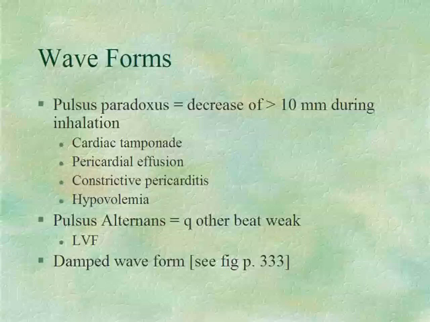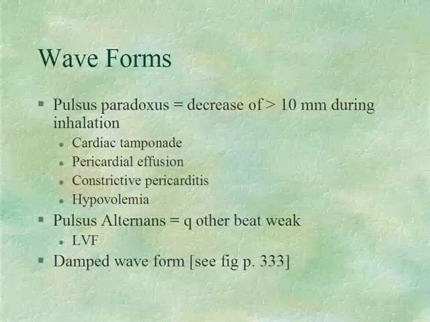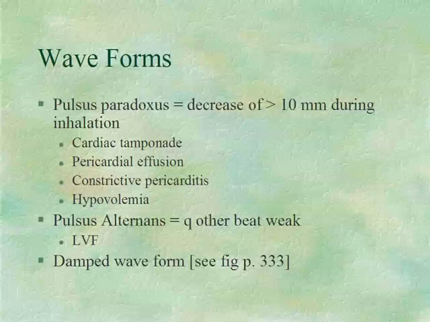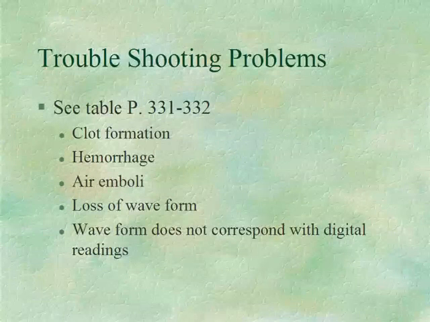A dampened waveform, there's a figure on page 333 that shows you what a dampened waveform looks like. There are also figures on 329 and 330 that show different waveforms for the arterial system. If you're having problems, there's a table on pages 331 to 332 that lists all the different problems, such as clot formation.